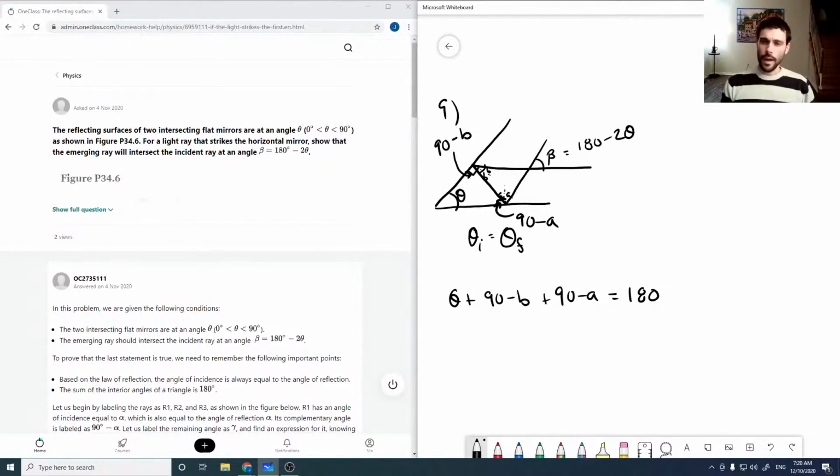Okay? And then this angle is beta, but also this angle in here is beta, as they're similar triangles or similar angles.